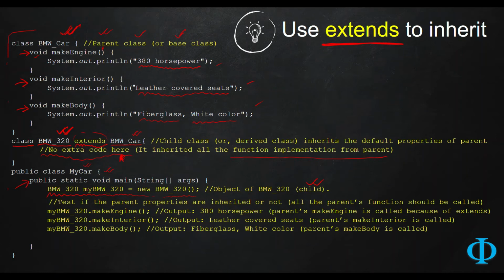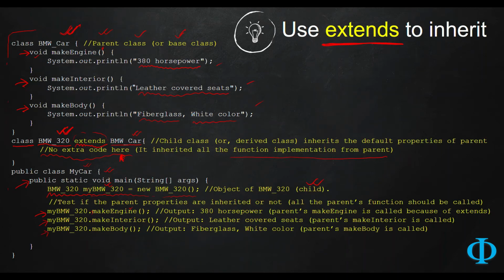In order to do that, just use this my BMW 320 object, followed by the dot operator, and then call the parent's function. Like here, my BMW 320 dot make engine, then my BMW 320 dot make interior, then my BMW 320 dot make body.